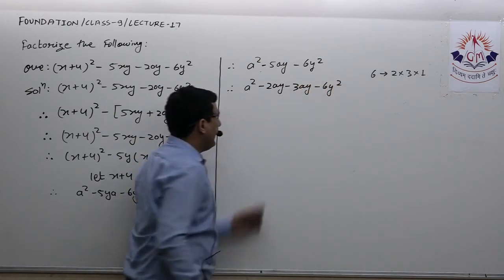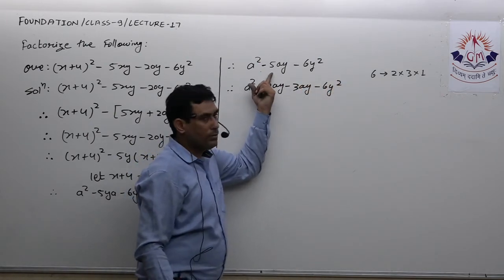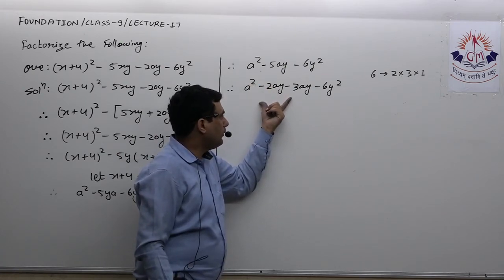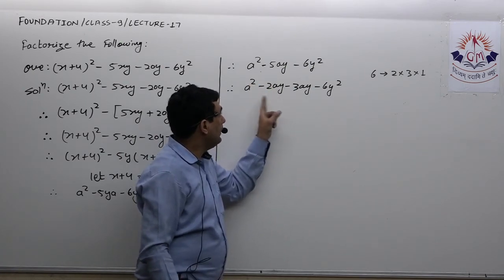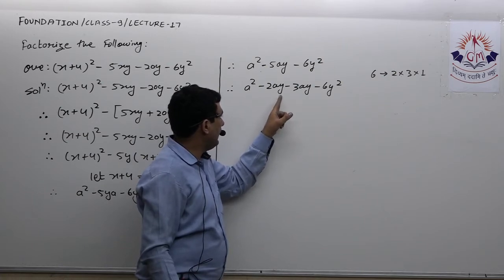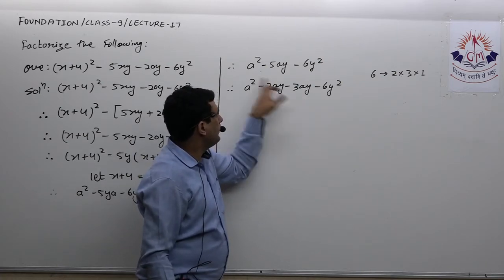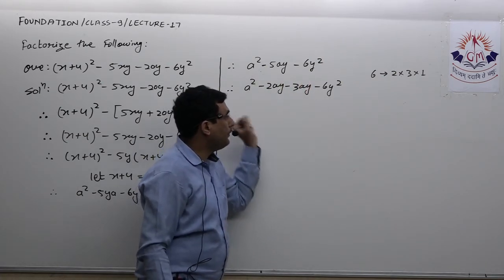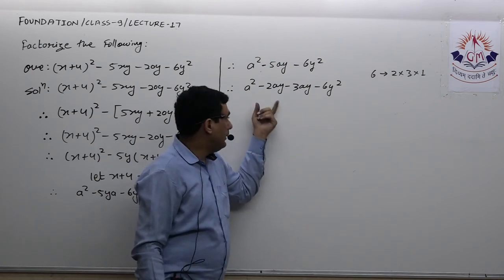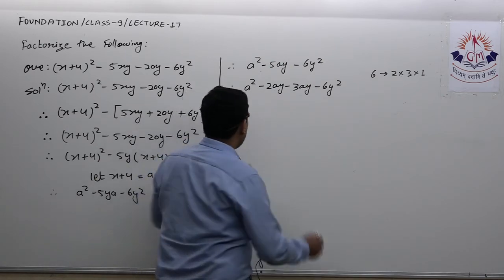Now definitely I check whether their sum is this or not. Yes. Whether the product of these two is plus 6a square y square. But the product of first and last must be minus. That means these terms are incorrect.